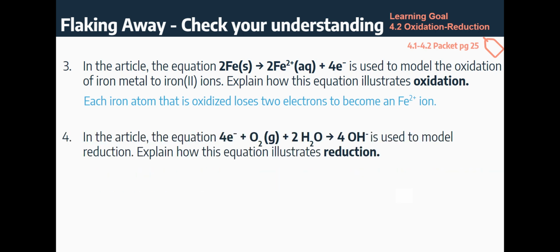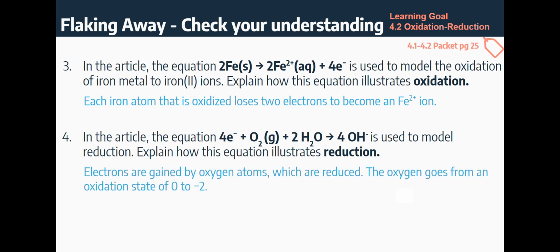Okay, we're going to do the same thing for question 4. 4 electrons plus O2 plus 2H2O yields 4 OH minus. This is showing reduction because it's showing electrons are on the reactant side and they are being gained. We can do the same thing where we assign oxidation numbers on this one. O2, that oxygen has an oxidation state of 0. In water, the hydrogen's a 1 plus and the oxygen's a 2 minus.